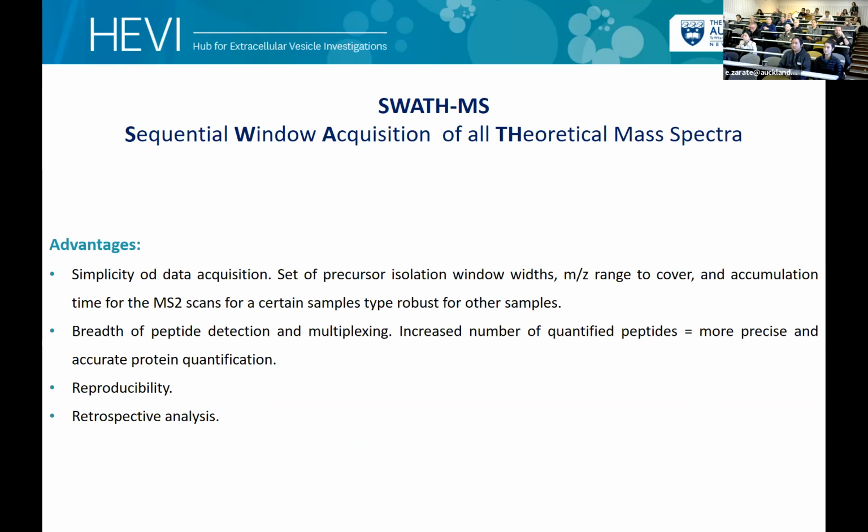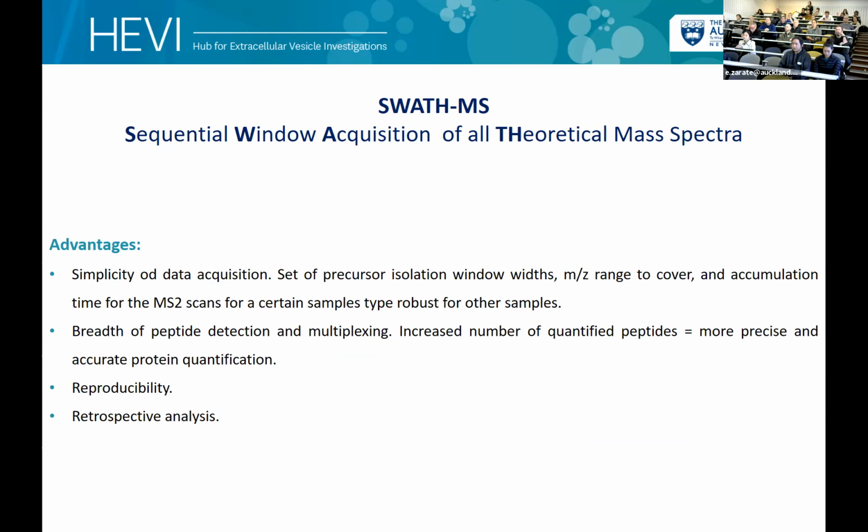And the method has several undeniable advantages. First of all, it's how simple the data acquisition is. Once you set and optimize your settings for one sample type, you can robustly transfer it to other samples. Secondly, it's multiplexing and the breadth of peptide detection. Everything is simple here.